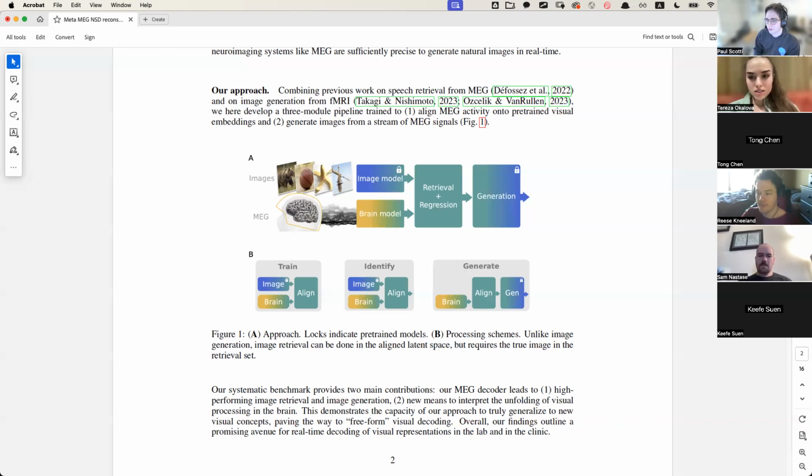But we do know that it's possible for neurons to encode very specific concepts, like the Jennifer Aniston cell or something, right? You can get very specific concepts that seem to not be disentangled like that.